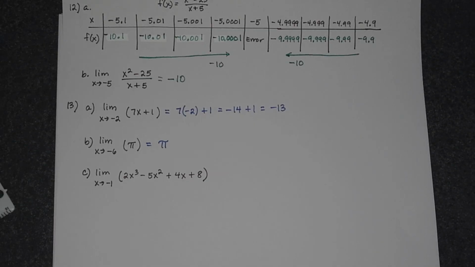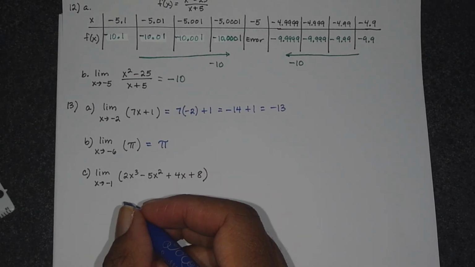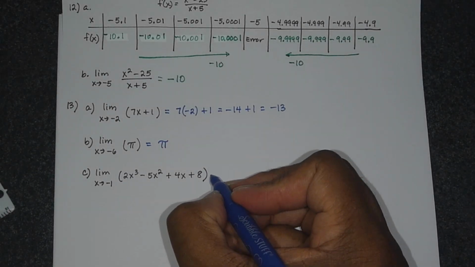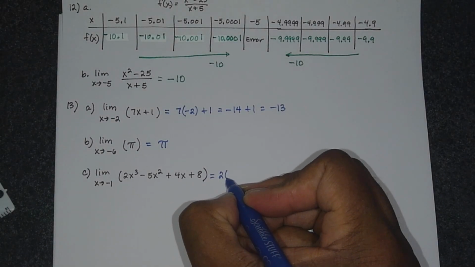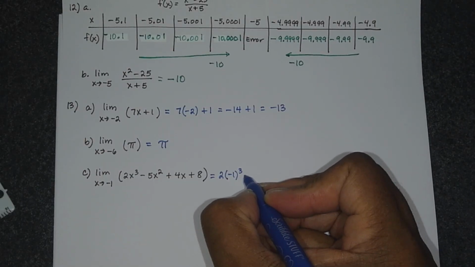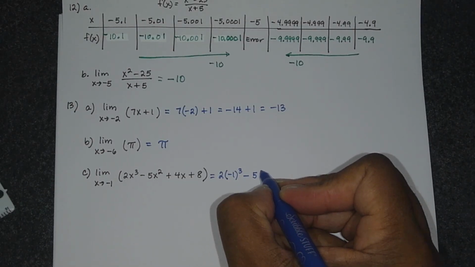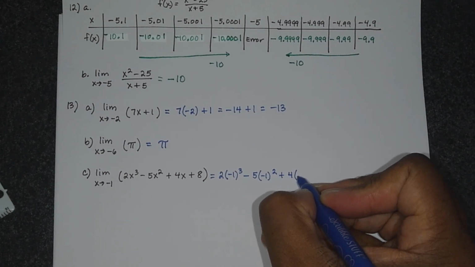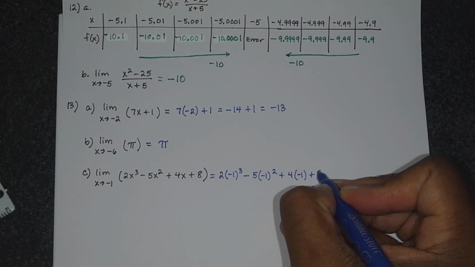Well, this is a polynomial function that we're dealing with, so we don't have zeros in the denominator for this one. We can use direct substitution. So it'll be 2 times negative 1, and that's cubed, minus 5 times negative 1, and that's squared, plus 4 times x, which is negative 1, plus 8.